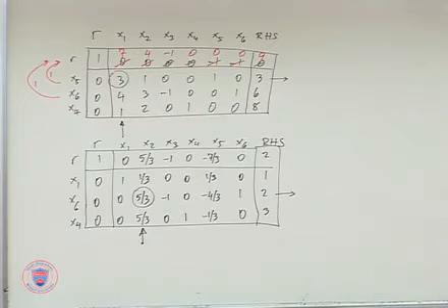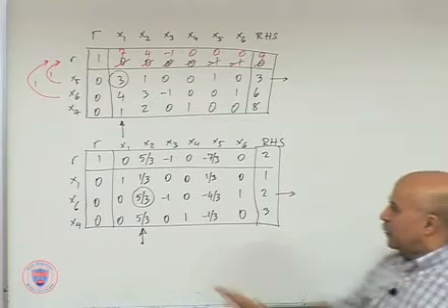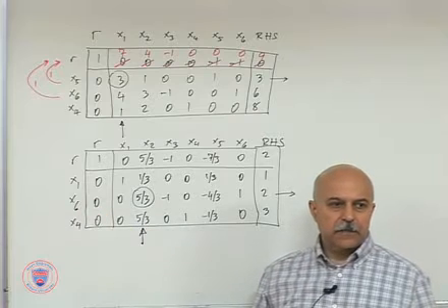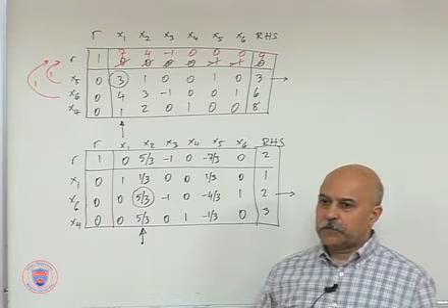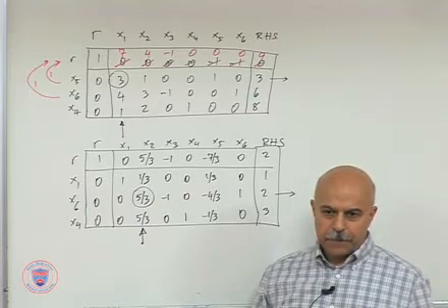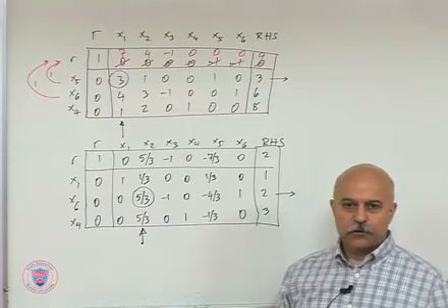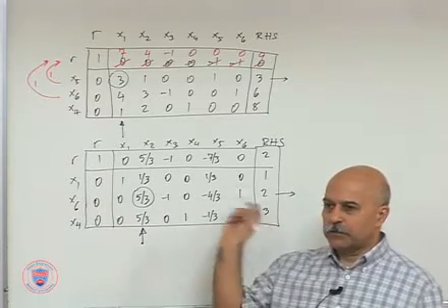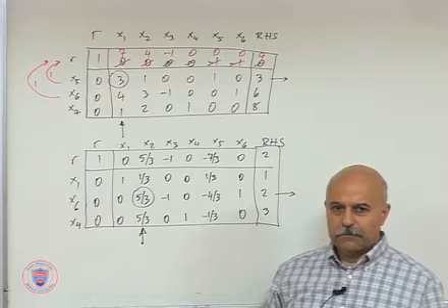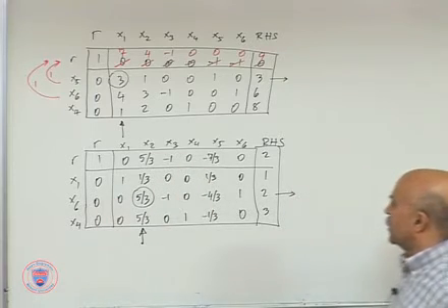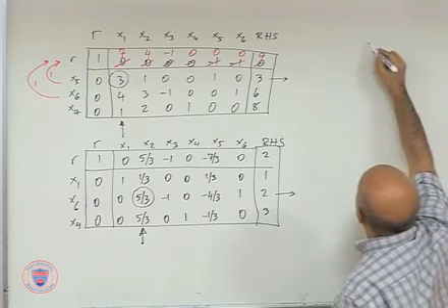So x6 will leave, x2 will become the new basic variable. Of course, as soon as x6 leaves, both artificial variables will have become 0. So in the new tableau, I know for sure that I have a basic feasible solution to the original problem, because x5 and x6 are both 0. So the new tableau.